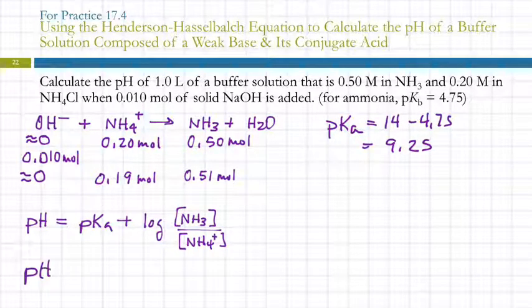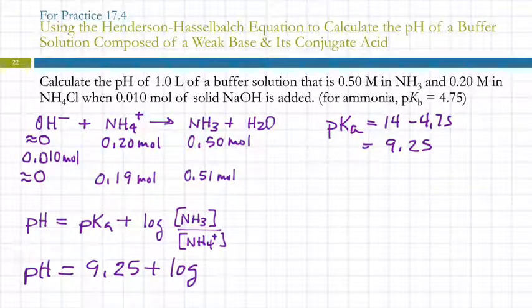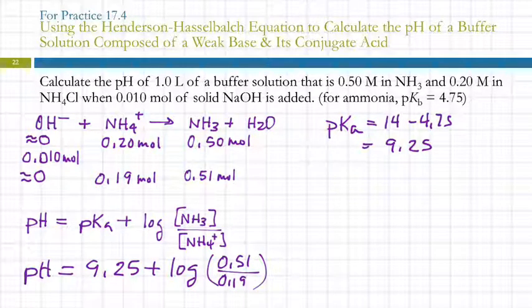So the pH will equal the pKa plus the log. So we've got ammonia is 0.51 and the ammonium is 0.19. 9.25 plus log of 0.51 divided by 0.49, 9.27. It's actually saying 9.2673.